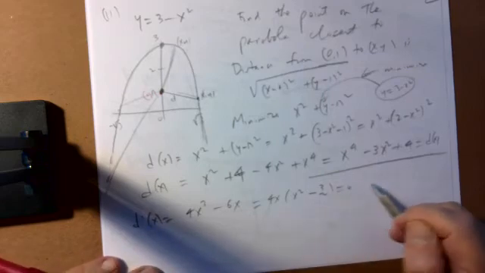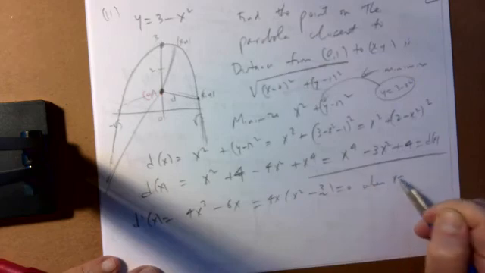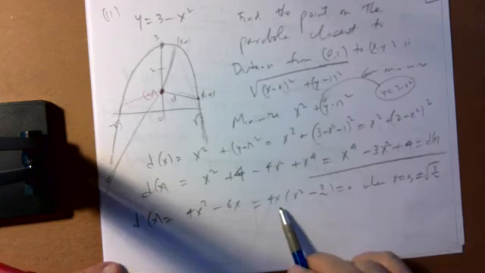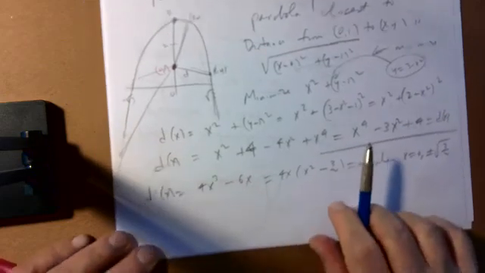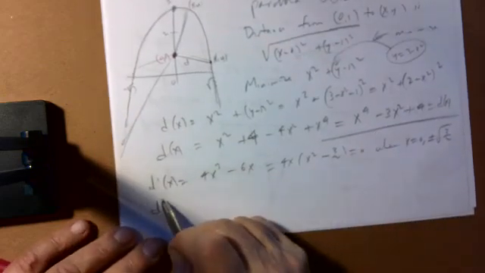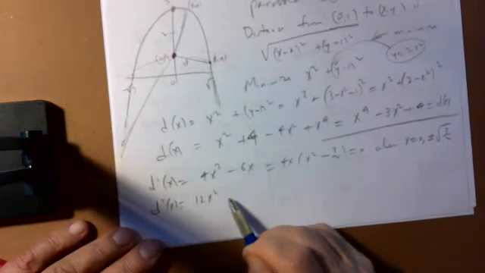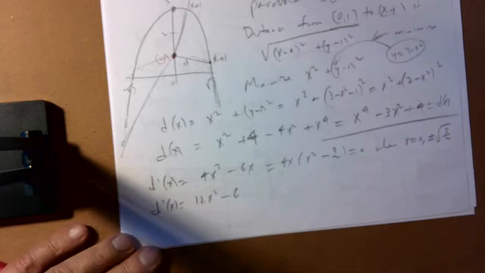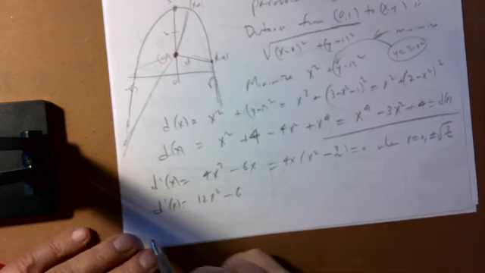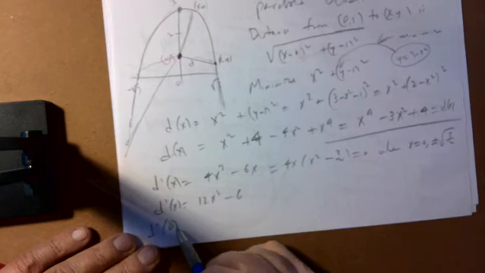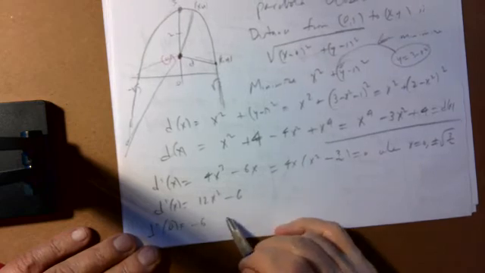And this is equal to 0 when x is either 0 or plus or minus square root of 3/2. What's the second derivative? 12x squared minus 6. If you evaluate the second derivative at 0, you get minus 6.